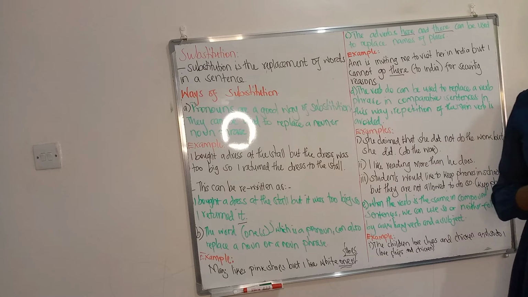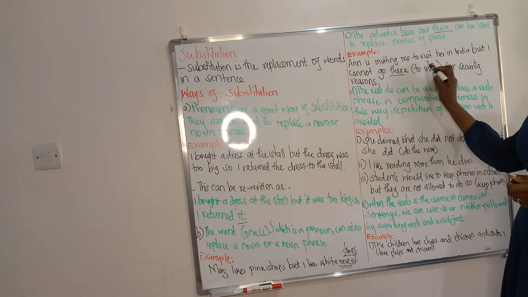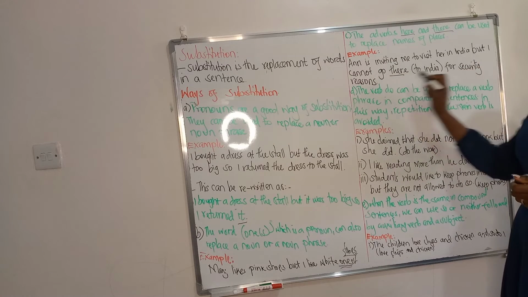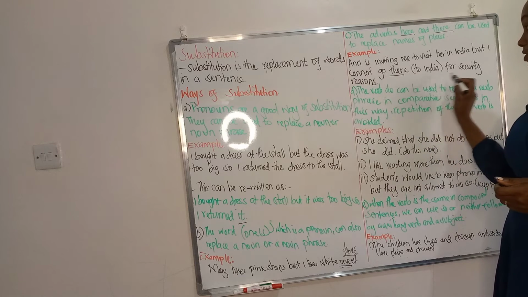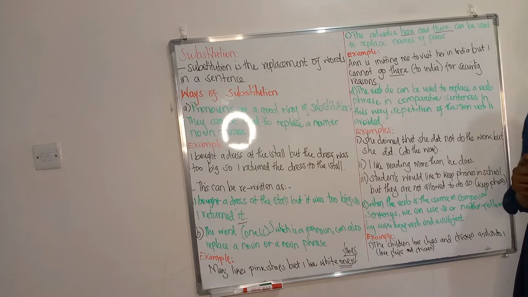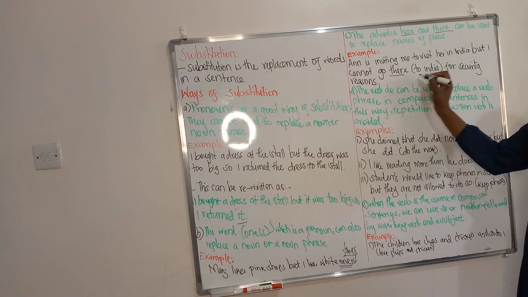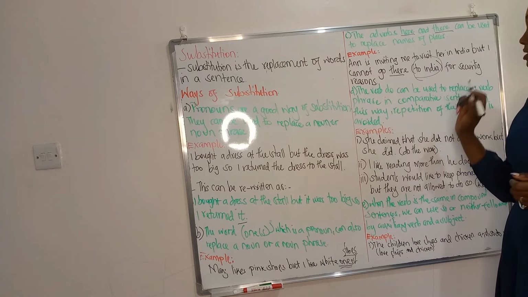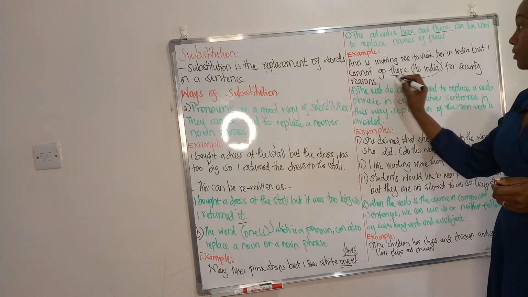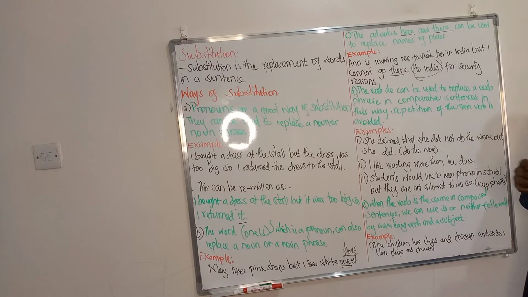The sentence could have been, Annie is inviting me to visit her in India, but I cannot go to India for security reasons. Now, in order to avoid the repetition of India once more, we replace the words to India with there to show a replacement of places. And again, this is substitution.